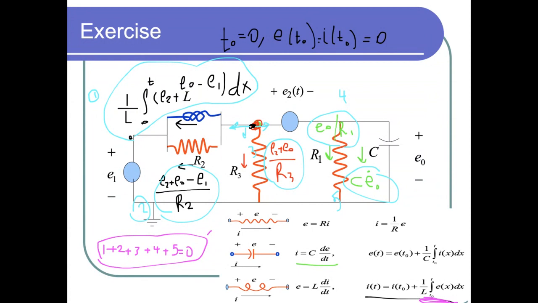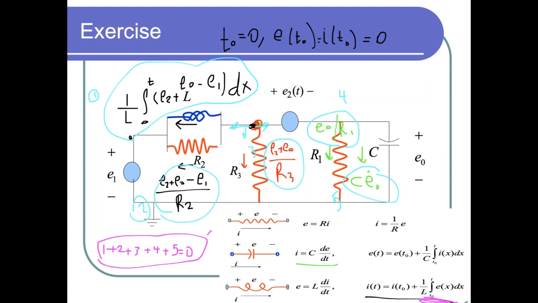Any questions? Yes, Hisham. Doctor, I'm sorry, but I didn't get equation number 1. Okay. What is the voltage across the inductor? I think E1 only.